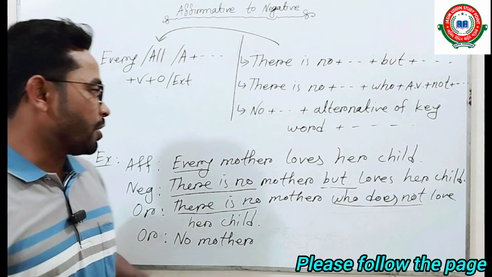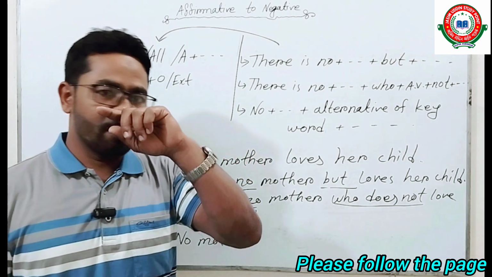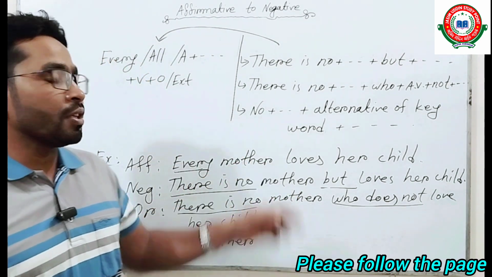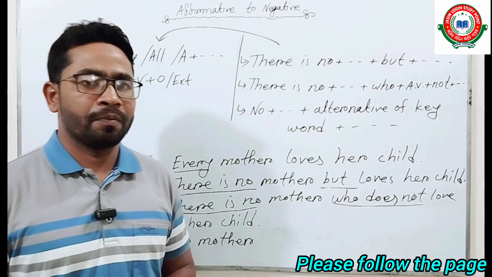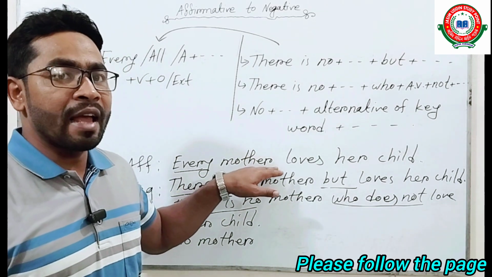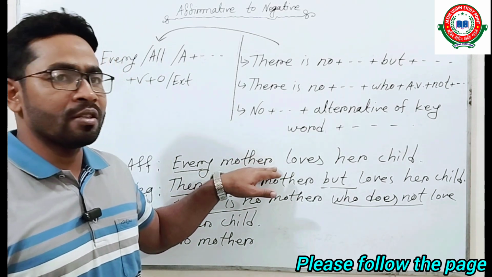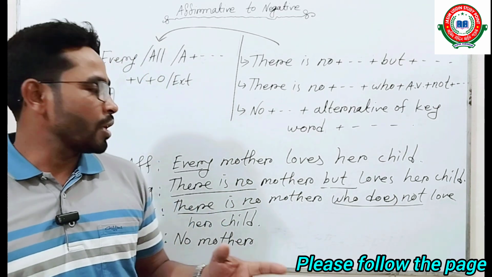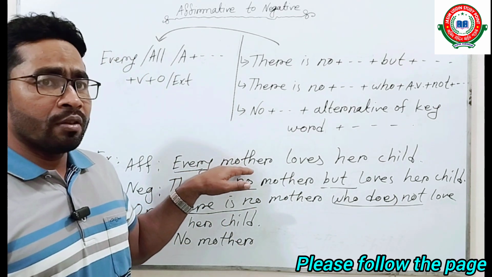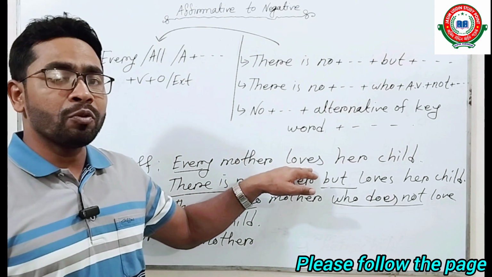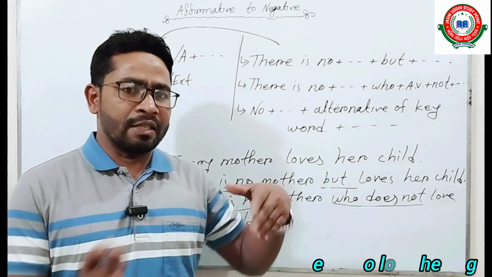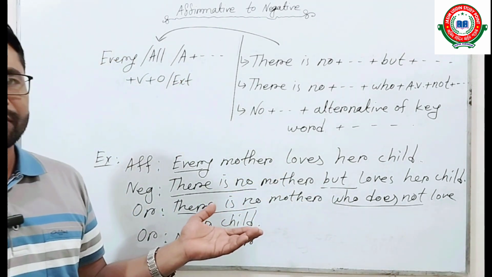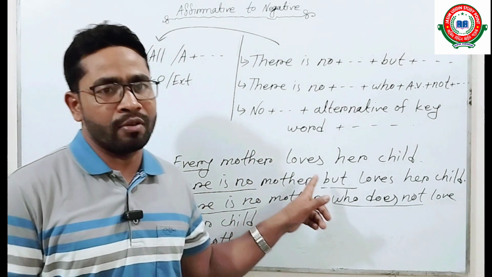My dear viewers, firstly, you have to follow whether it is an affirmative sentence or negative. In an affirmative sentence, you have to follow the keyword. When you see any adjective in this sentence, the adjective will be the keyword. You have to sense it. But if there is no adjective, then you have to identify the adverb.